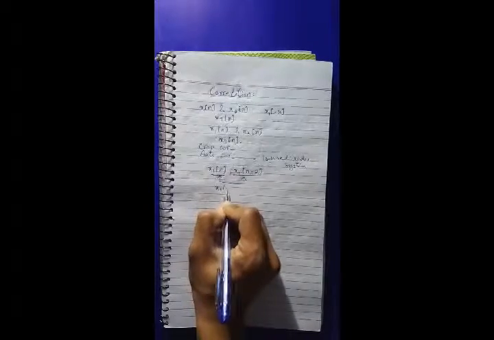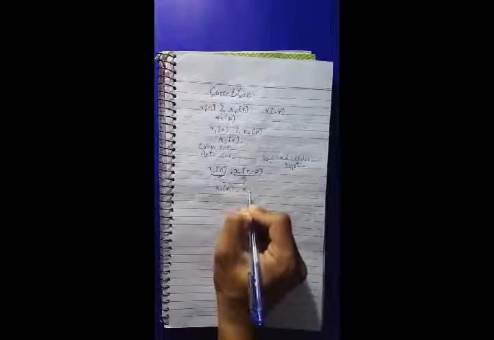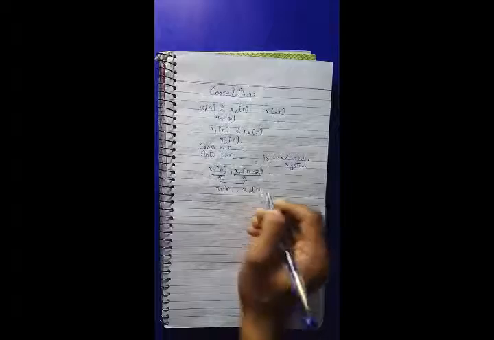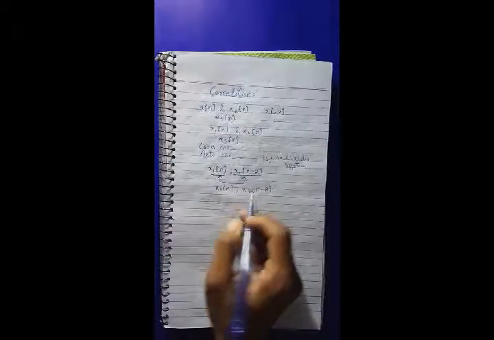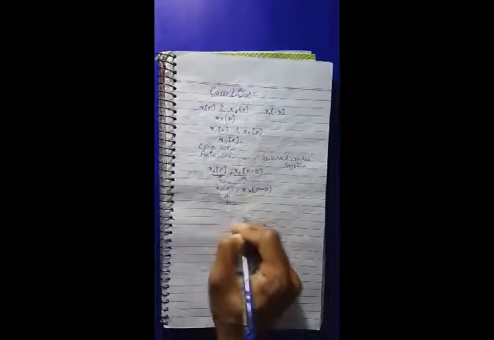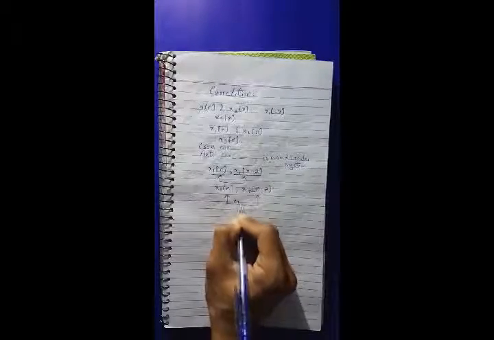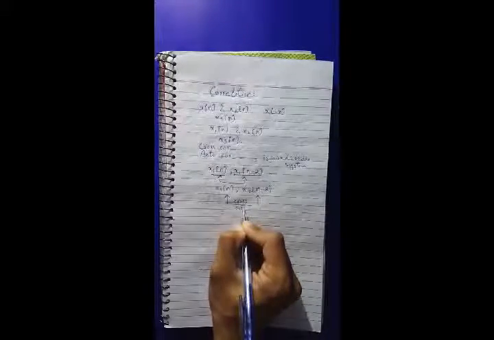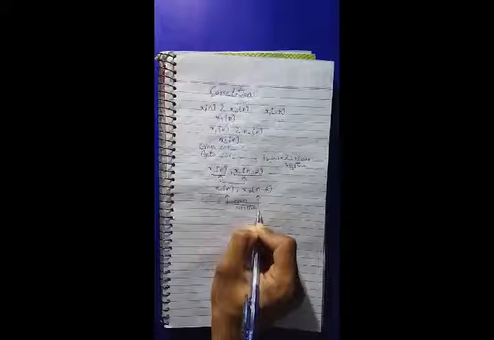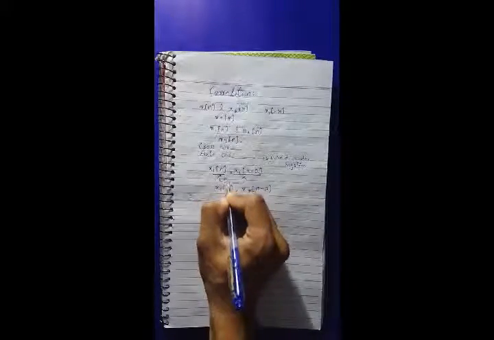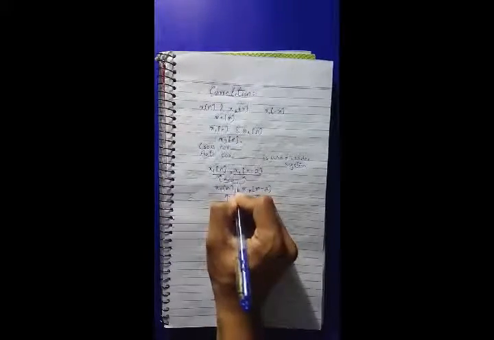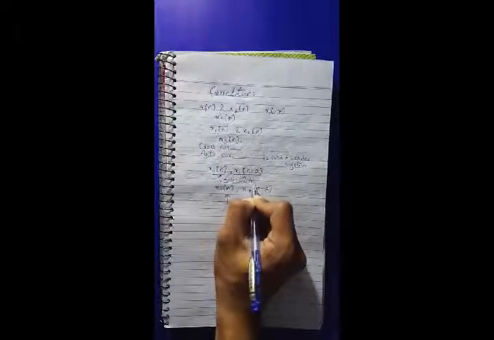And if we take the correlation between two different signals, x1 of n and the second x2 of n, or x of n minus 2, it is the cross correlation. This is cross correlation, and this is autocorrelation.